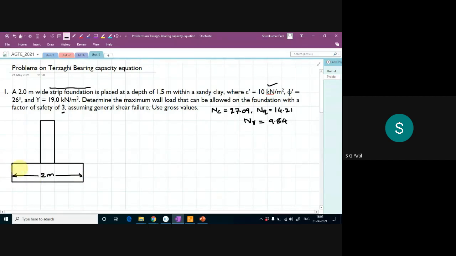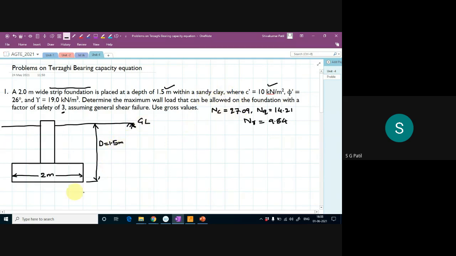This may be my ground level. What is the depth of foundation they are telling? The depth of foundation is 1.5 meter. So D is equal to 1.5 meter.